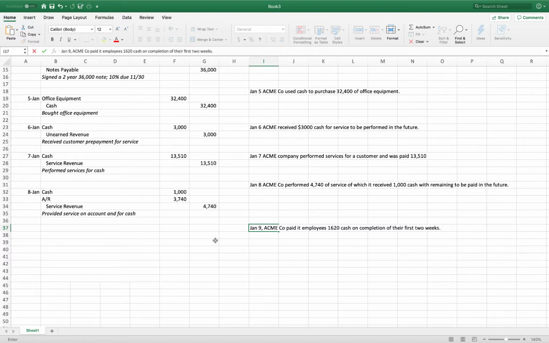Okay, so right off the bat, what's happening? Well, I need to think about my accounting equation and say, okay, what's going on here, right? Well, paid cash. What's cash? Cash is an asset. So I have an asset going down, and I have stockholders' equity going down. Why? Because I'm spending cash, right? What am I getting for that?